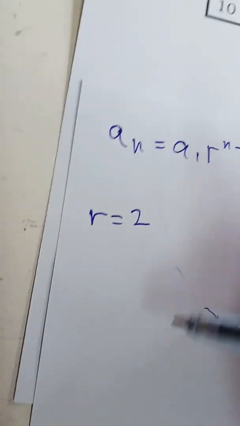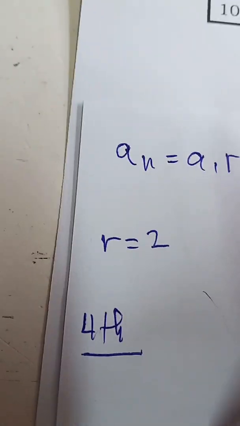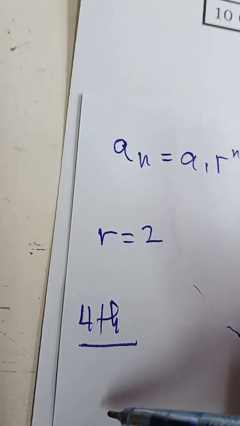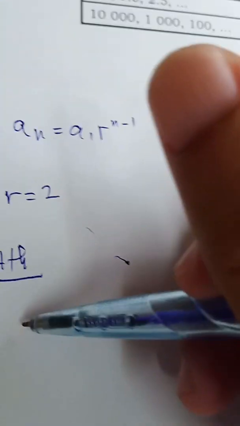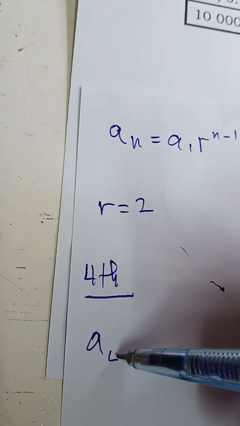So, first we will find the fourth term. Using the formula, our fourth term, that's a sub 4, di ba?